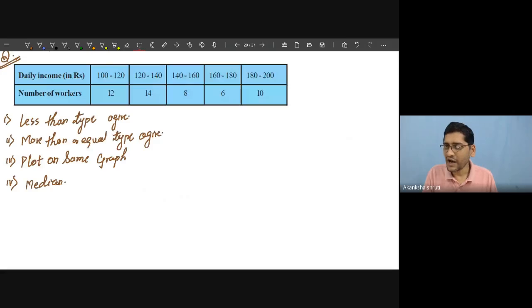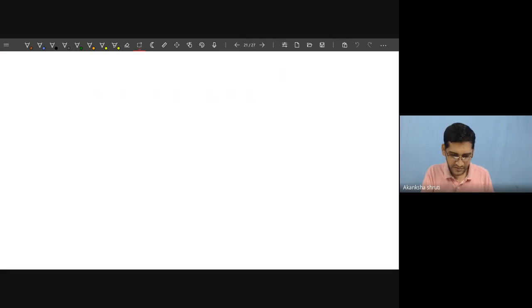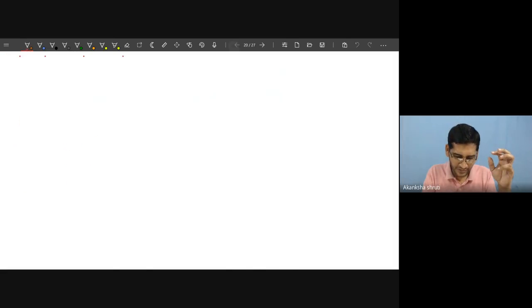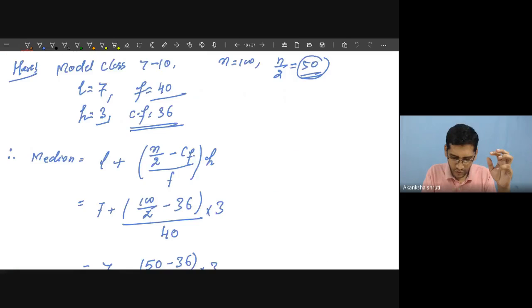Last day we learned how to convert a frequency table into a cumulative frequency table. The same thing we need to apply everywhere. Last day we also learned that if we are given any kind of frequency distribution or grouped data, the cumulative frequency table can be obtained, and it can be of two types: the less than type, or the more than type.